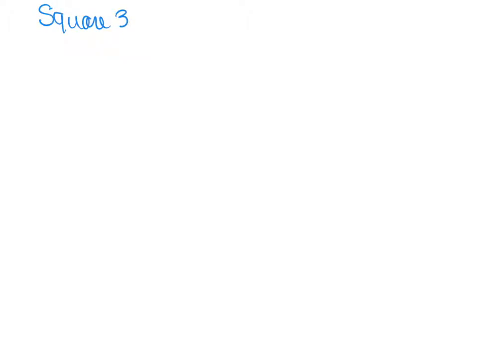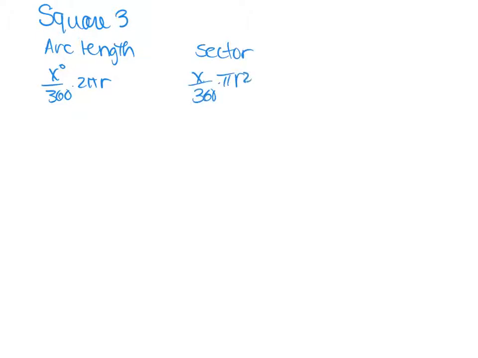Square 3 is going to be circles. So we're going to talk about arc length and area of a sector. So for arc length, it's going to be x over 360 times 2 pi r. That's the formula. And for area of a sector, it's going to be x over 360 times pi r squared.